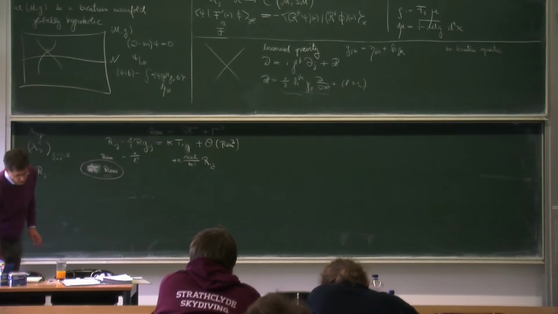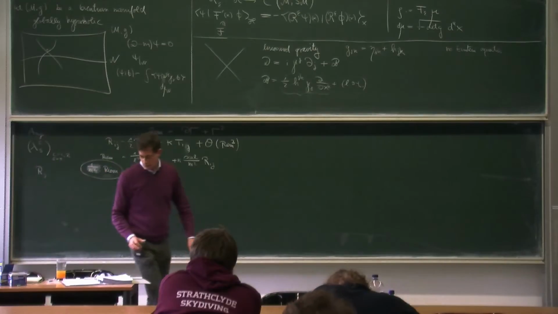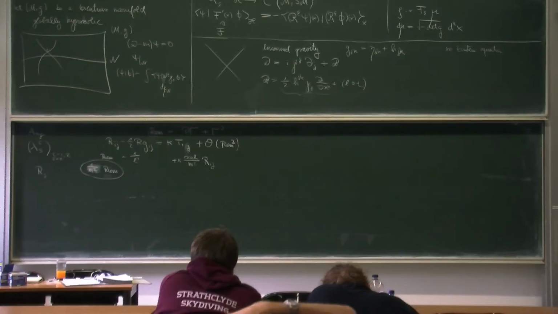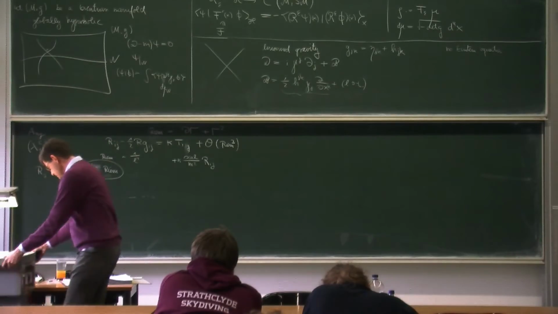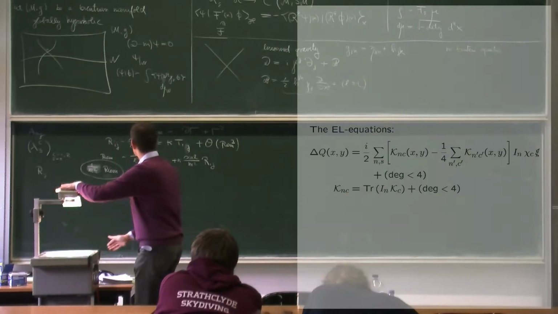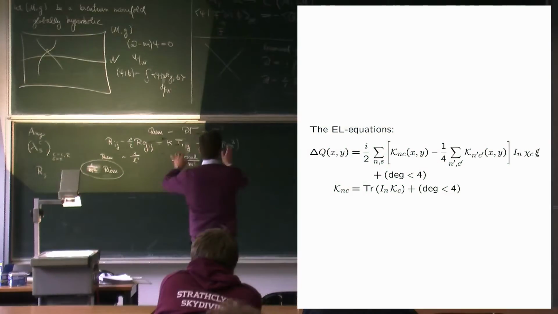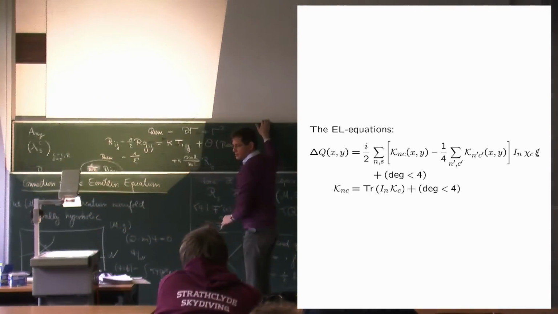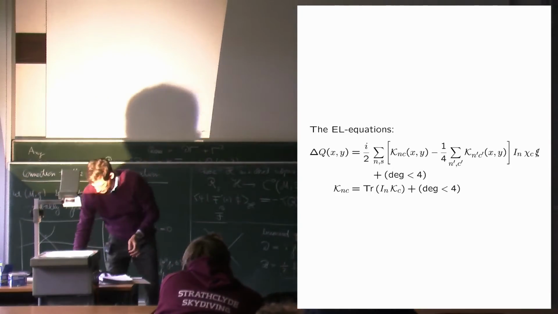Okay, with this in mind, let's restrict attention to linearized gravity, and see what one gets if one goes through the detailed computations. This is the end result of these computations.